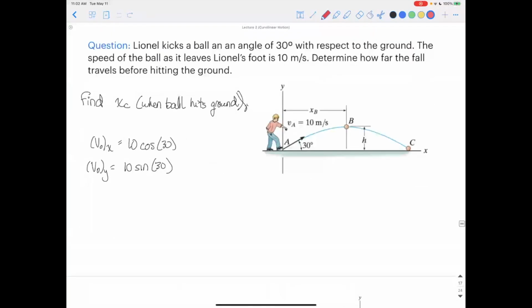So let's use that equation for y, where the initial velocity in the y direction is 10 times sine 30.